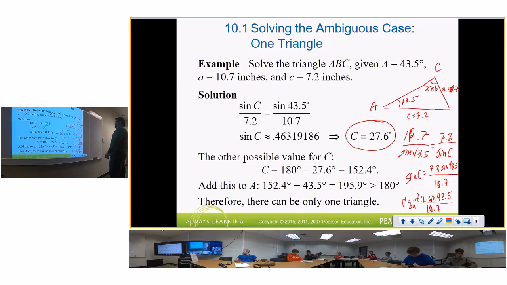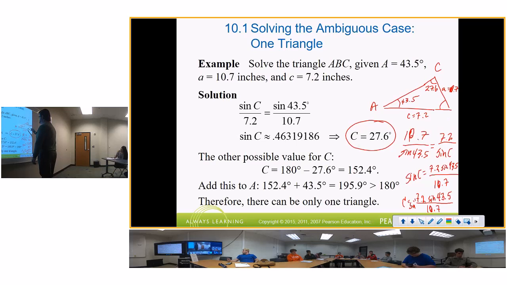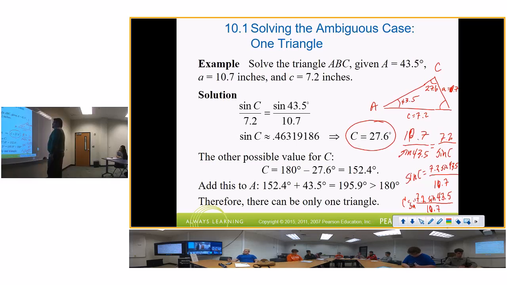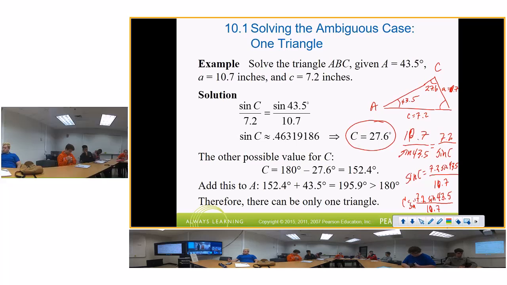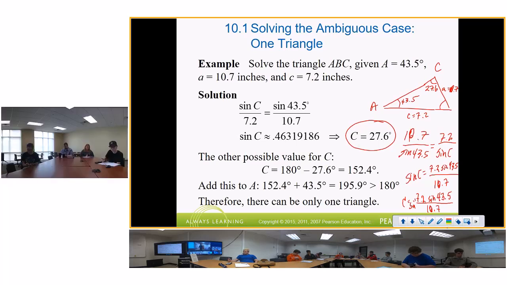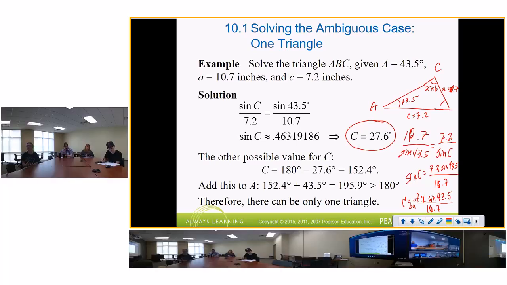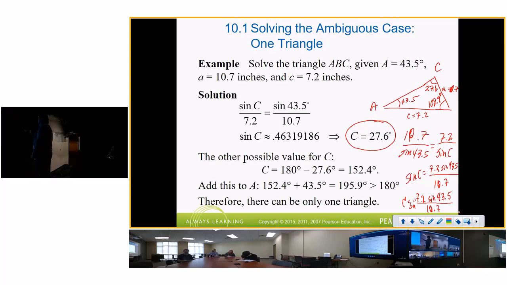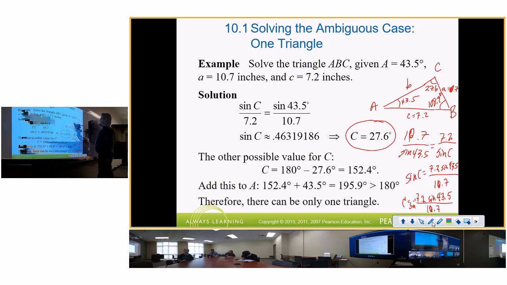What do you get for angle B? 108.9. What'd you say? 108.9. I don't know what I said, but all right. Now you've got the angle B. You can find side B. Someone find side B for me.